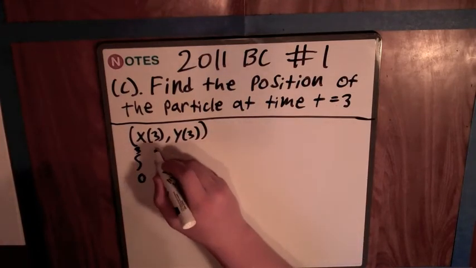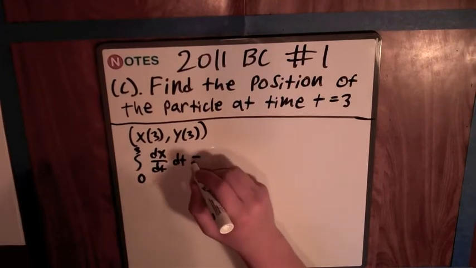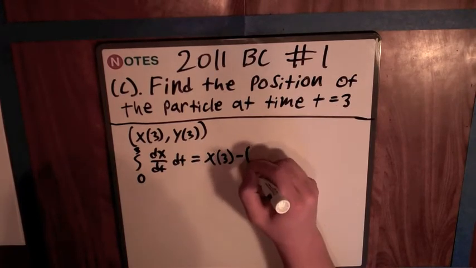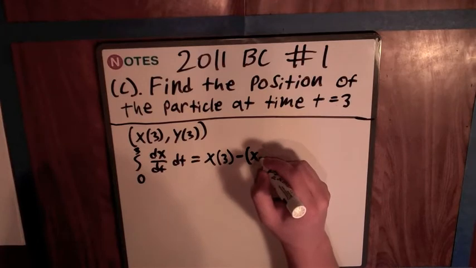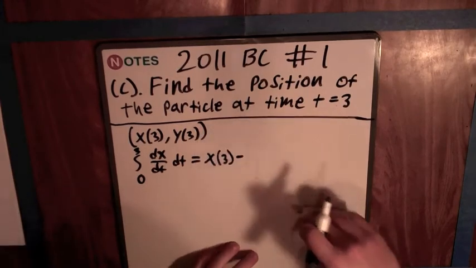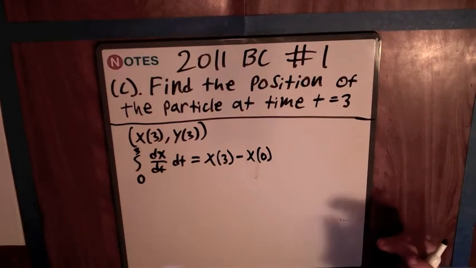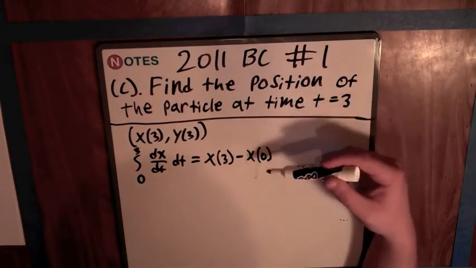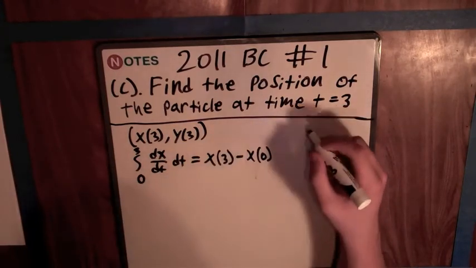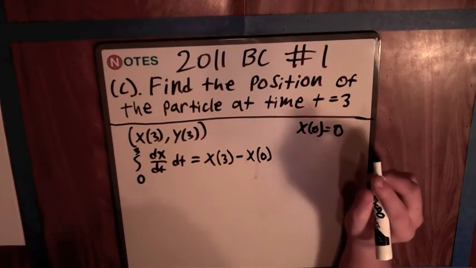So we're going to first start by integrating dx dt dt. This will give us x at 3 minus x at 0. We already know the value of x at 0 because the problem gave us the initial condition x at 0 equals 0.